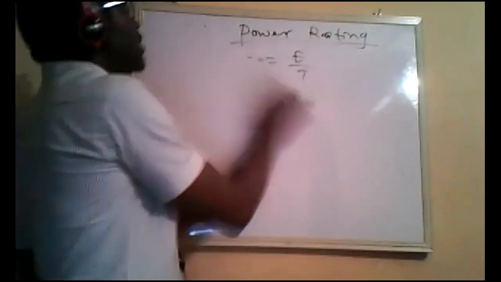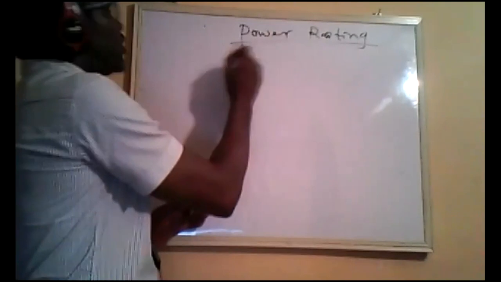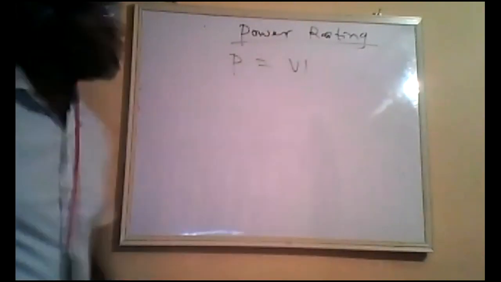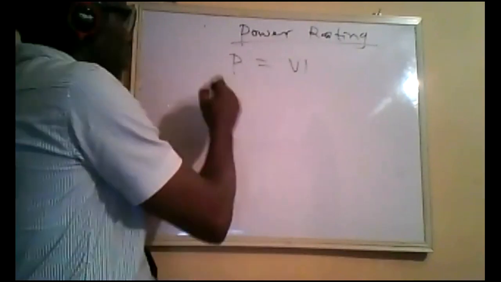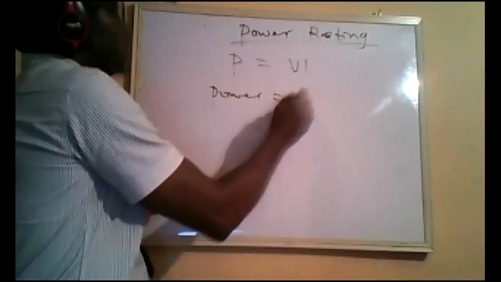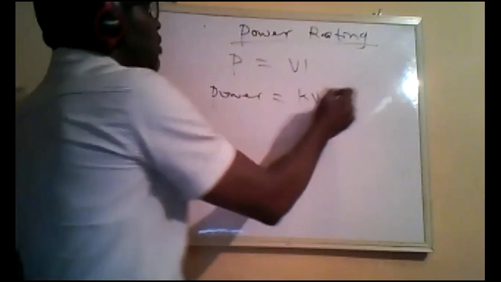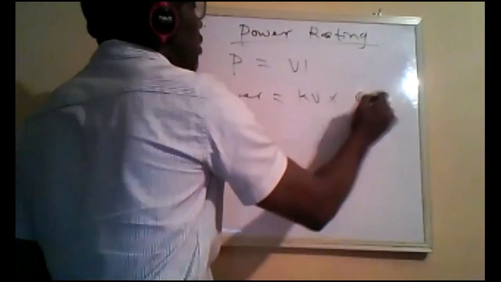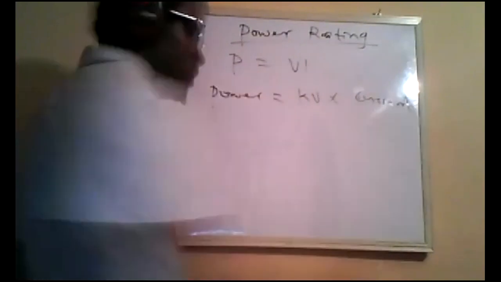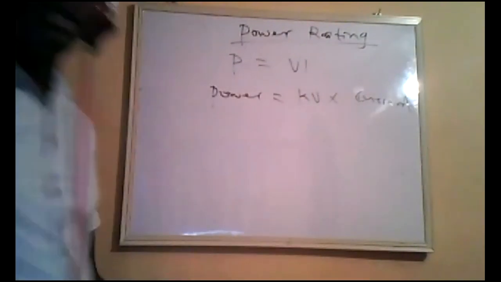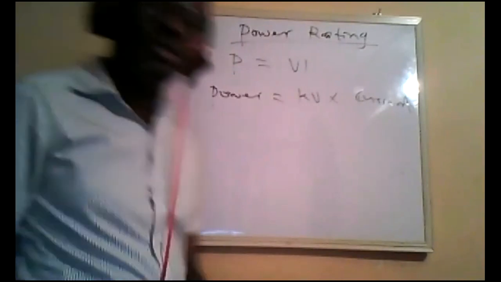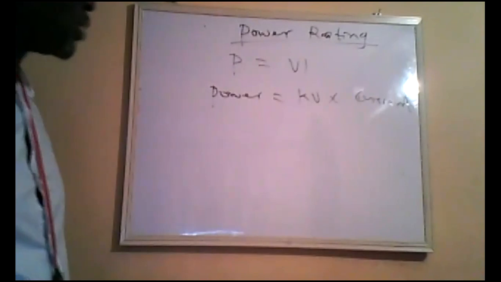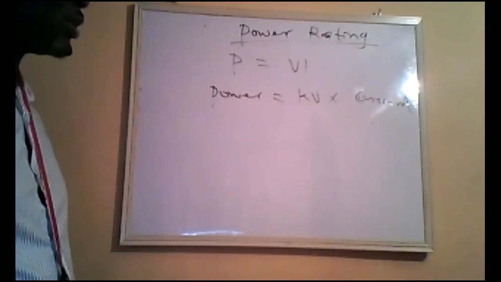And then electrical power is given as VI. So for the X-ray tube, our power rating is actually the kV multiplied by the current. This gives us an idea of the power of the generator. We want to know the maximum power that a particular generator is going to give us.